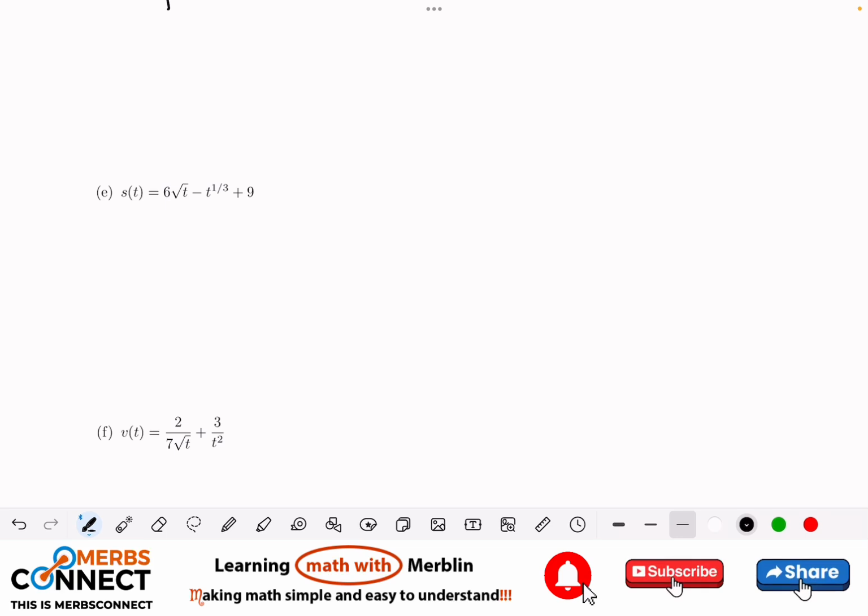Now for me to differentiate s of t, I need to make sure I do some small simplification here. So this is the same as 6 t to the power 1 over 2. Please note the difference between 6 root of t and sixth root of t, right?